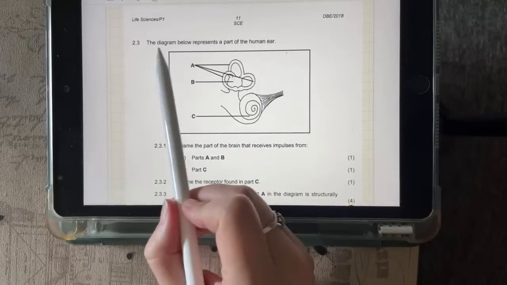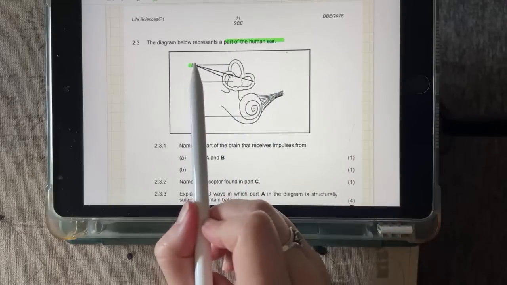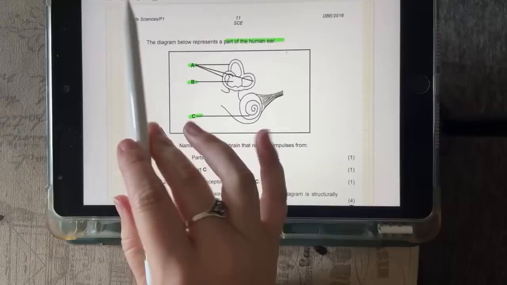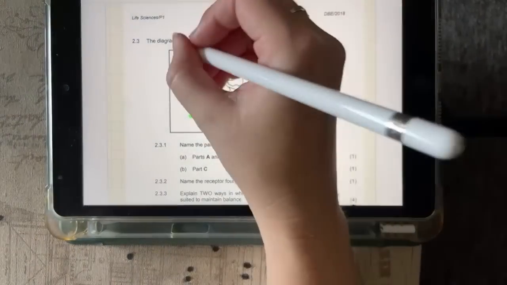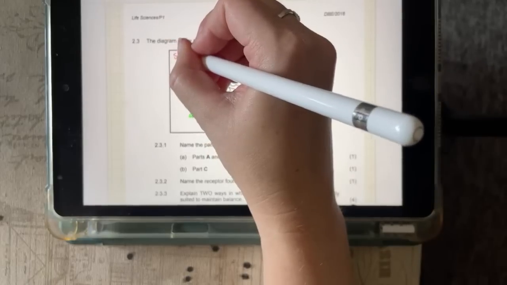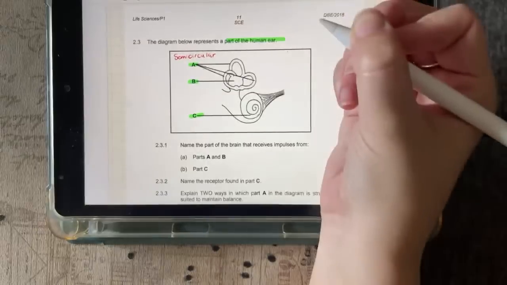So it says, here is a diagram that represents a part of the human ear, and we've got structures A, B, and C. Remember, a good go-to is to always label everything. So structure A is our semicircular canals.